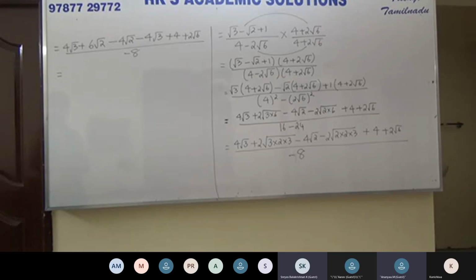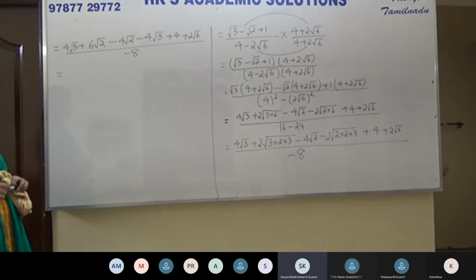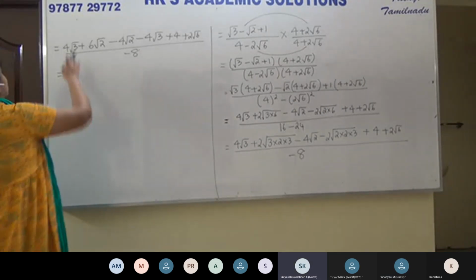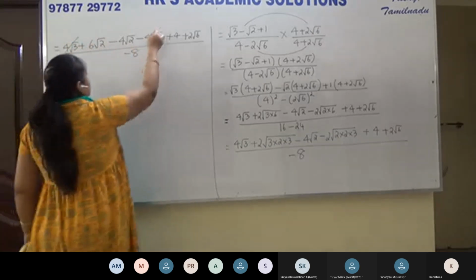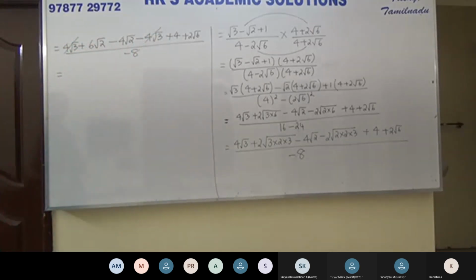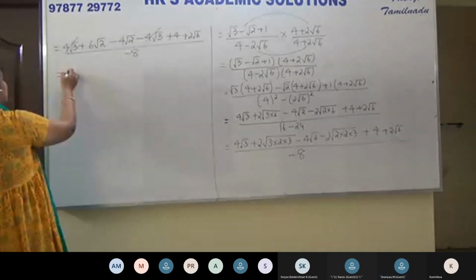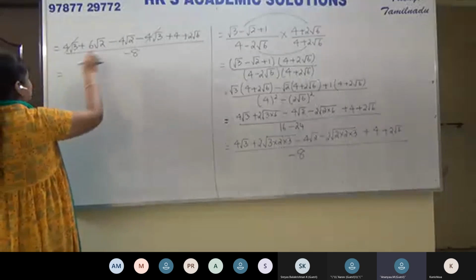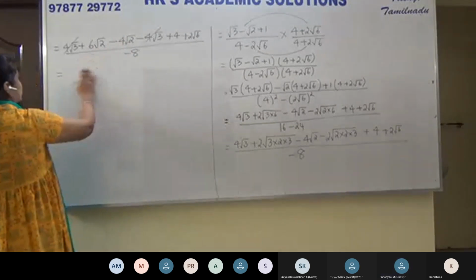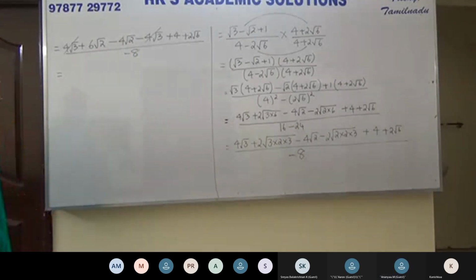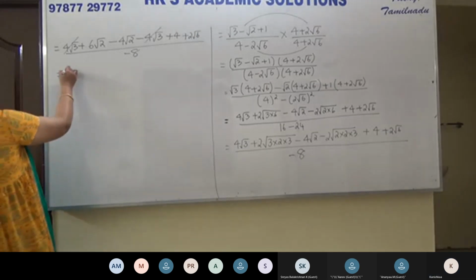Ma'am, plus 4 root 3 minus 4 root 3 gets cancelled. Let's hear it from Ananya. Yes, Ananya? So 6 root 2 minus 4 root 2 is? 2 root 2, ma'am.